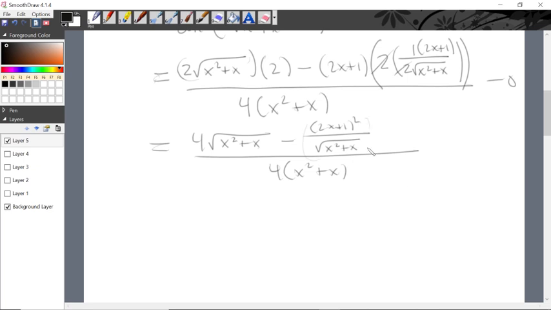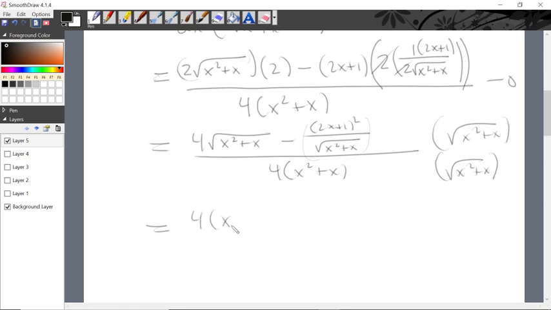So I'm going to cancel out this right here. I'm going to multiply through by root x squared plus x to cancel this. That means we're going to have to multiply both of these by that. And we have to multiply the bottom by this as well. That's x squared plus x to the 1/2 power to combine with x squared plus x to the 1st power. By distributing this to these terms, first we're going to have 4 times root x squared plus x times root x squared plus x.